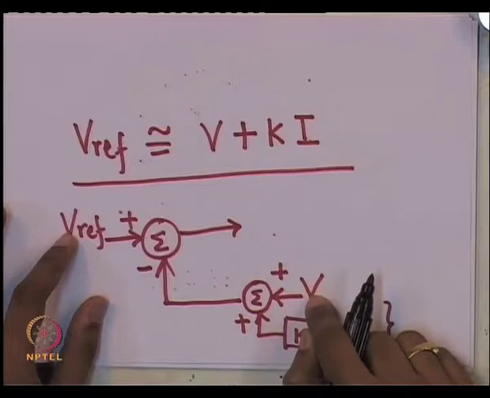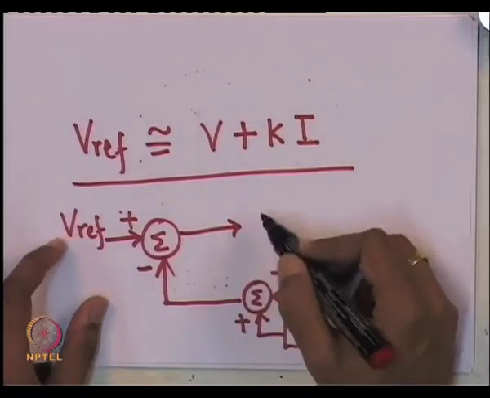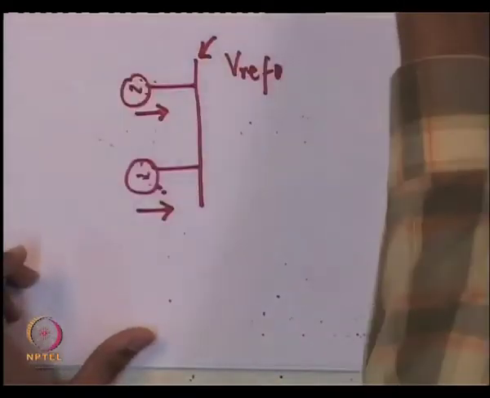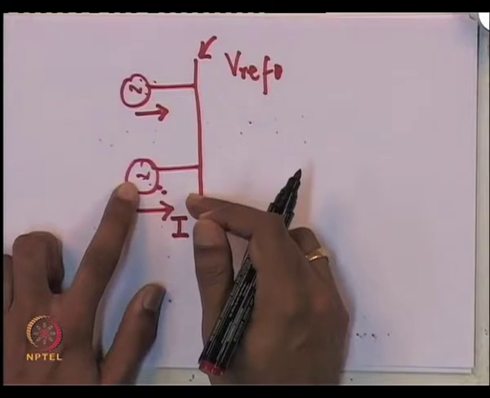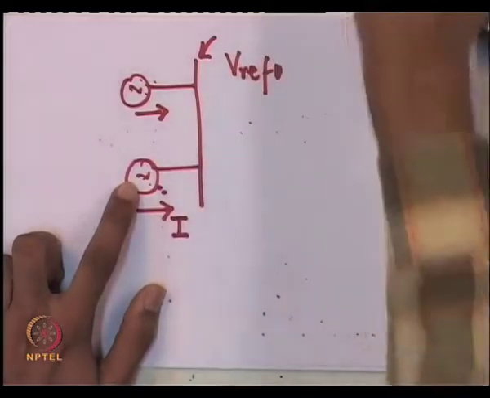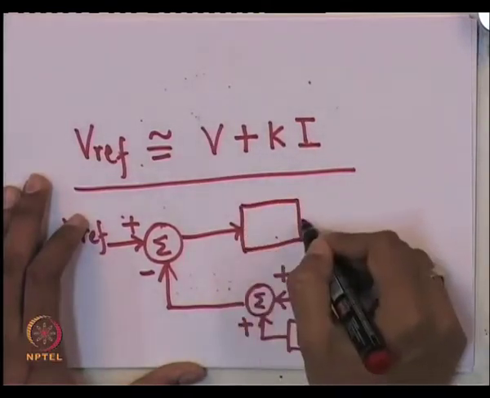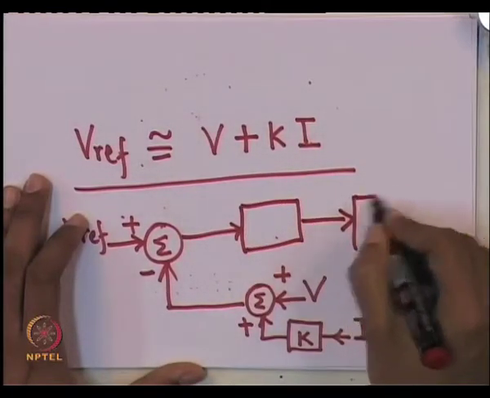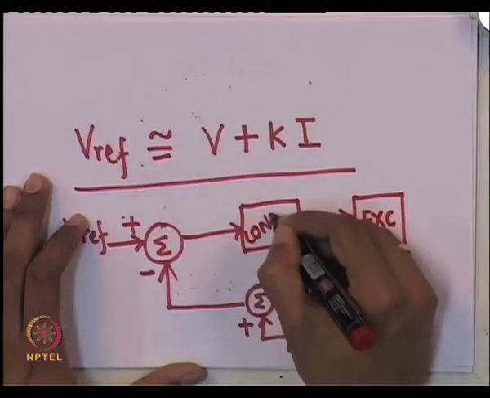Okay. If this becomes larger, V will not be maintained at Vref, but at a slightly lower value. So, what will eventually happen is that if this I increases, effectively what will happen? It will try to reduce, this is the exciter power apparatus, this is the controller.